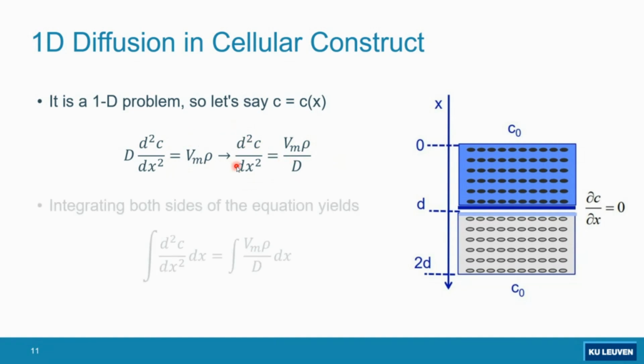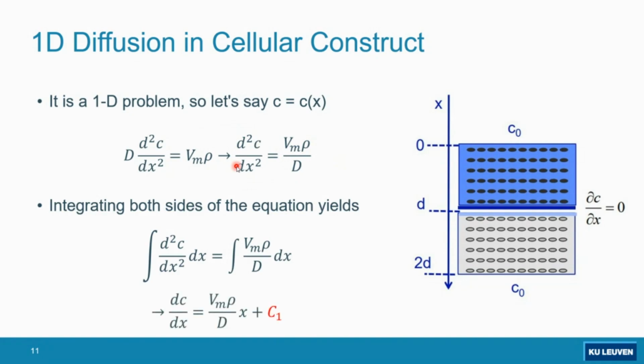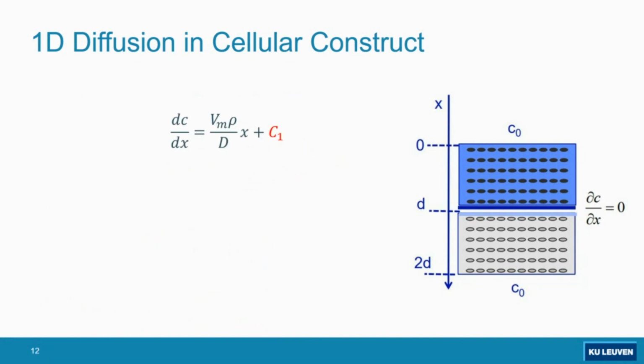So we integrate the equation, integrate both sides, and according to calculus, this reduces the derivative by one order. Here it's a simple equation, but one coefficient appears. How to obtain the value of this coefficient? That's simple. We can have a look at the problem and apply appropriate boundary conditions.